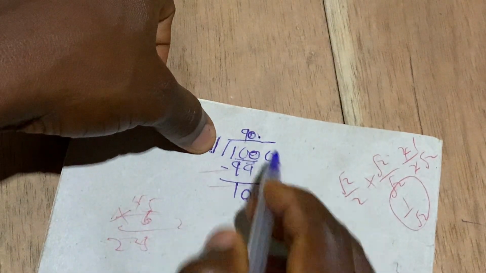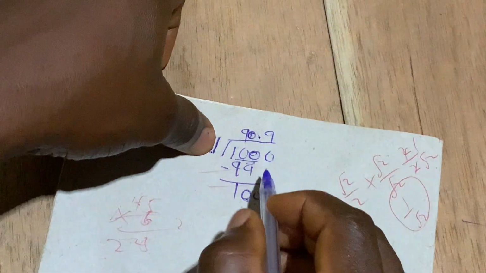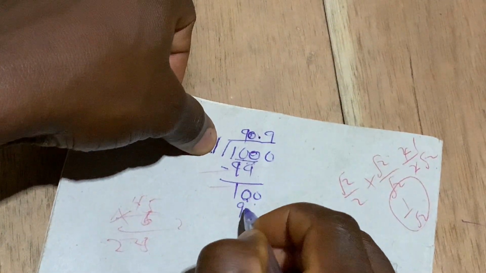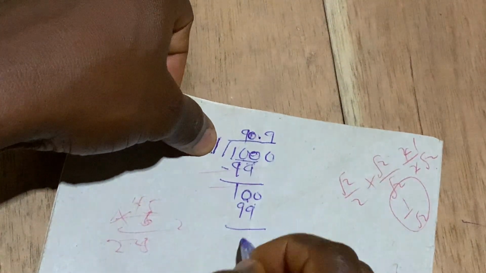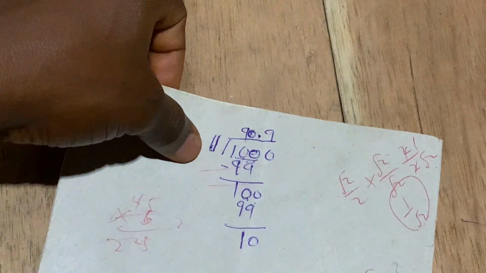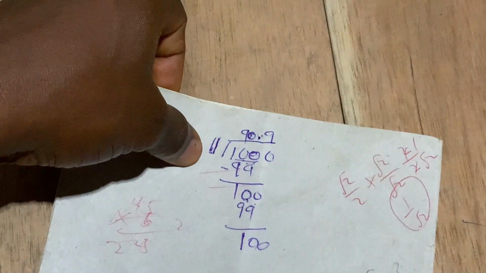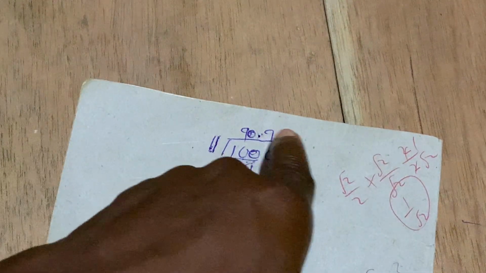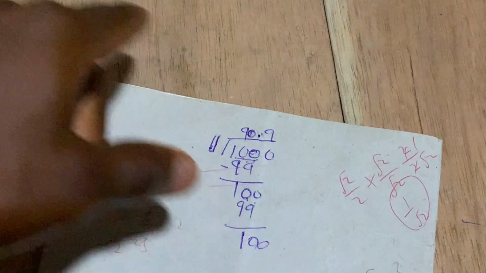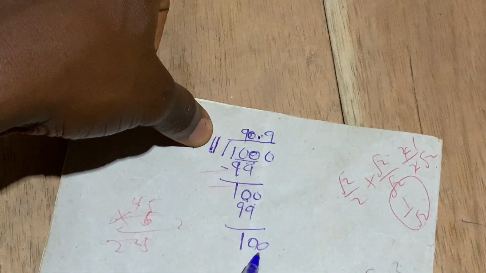11 into 100, 9. So that will be 99. Since the point is there, you can add another 0. Don't be adding point, point, point. You can't do it like that.